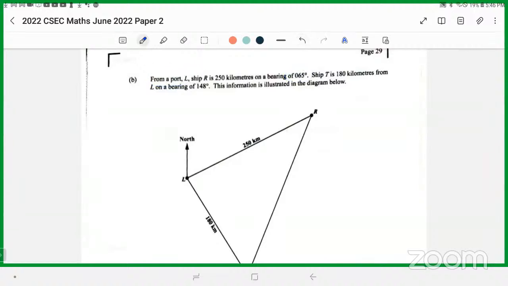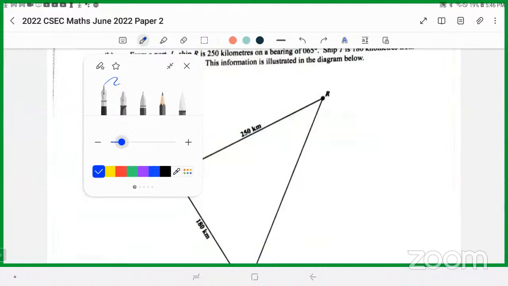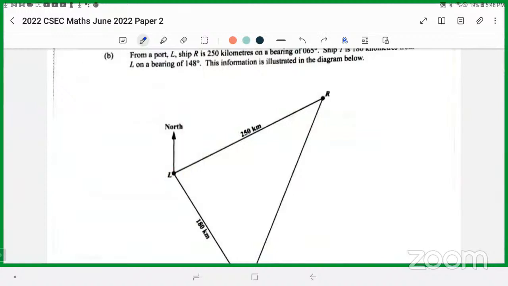I'm going to have to show this bearing angle on the diagram, I'm sure. Let's put it on now. So this is the from position. We want the bearing out to R, out there. So you have to stand at the from position first, right here. And you face north, that's the north direction. It's the angle to which you have to turn to the right in order to face R. So that angle is this one.